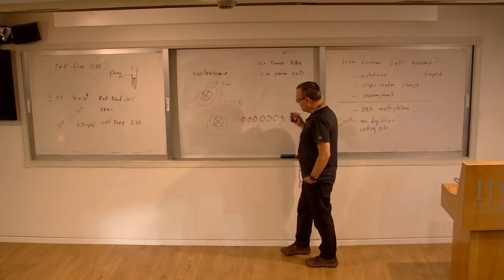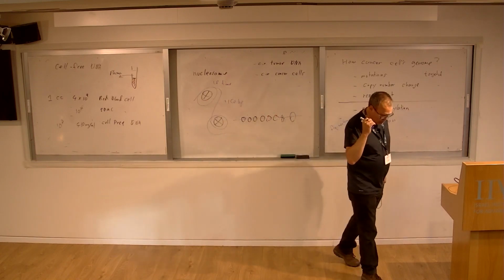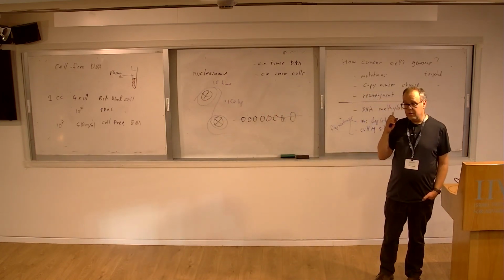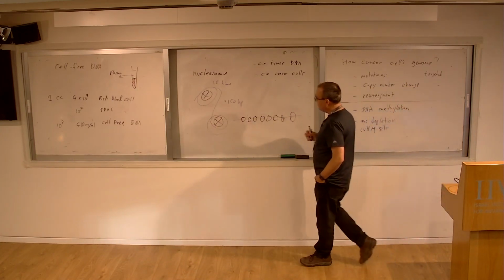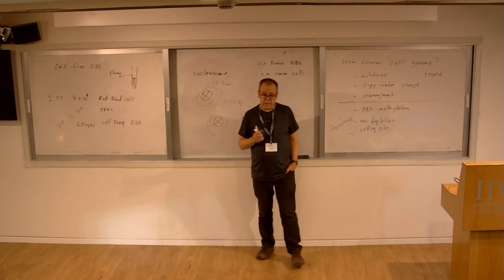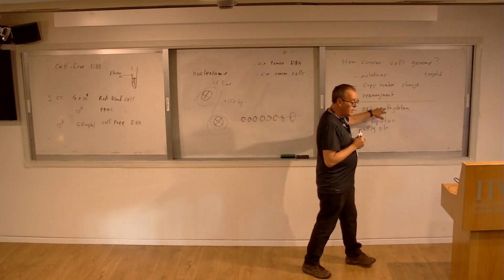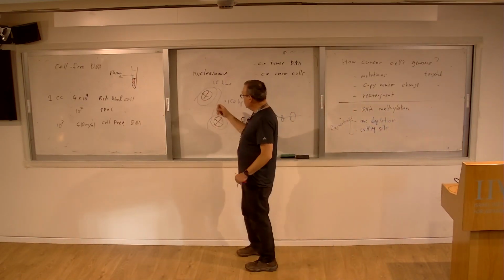But a slightly more interesting thing that is known for more than 2 decades now is that the proteins that make up those nucleosomes can be modified. In a similar way that DNA methylation is a modification of DNA, these proteins can be heavily modified.